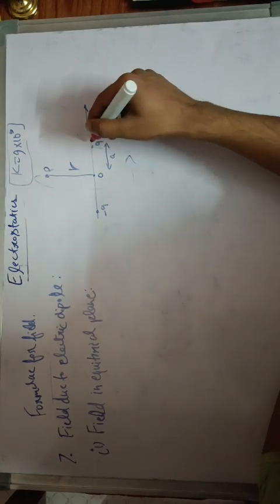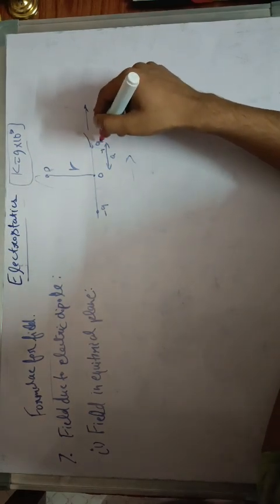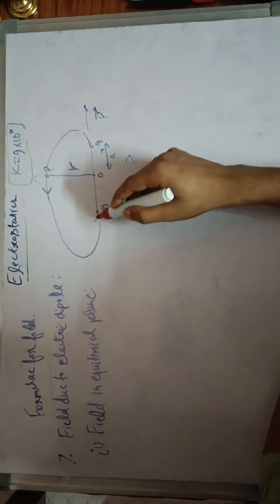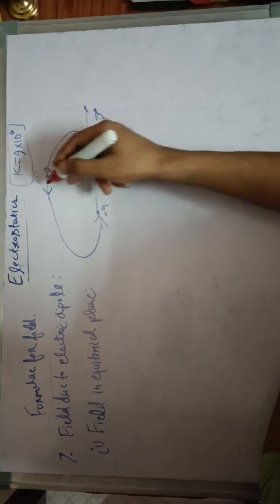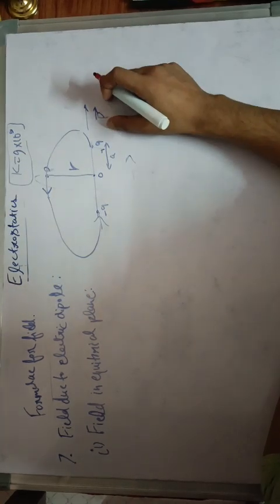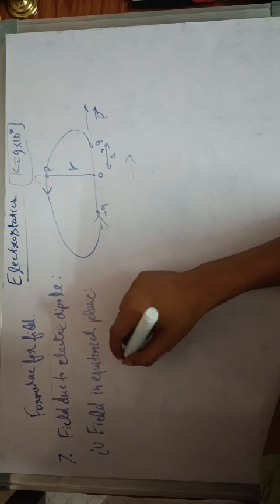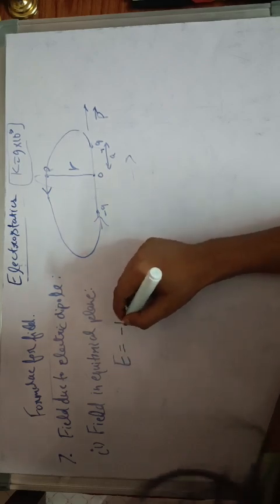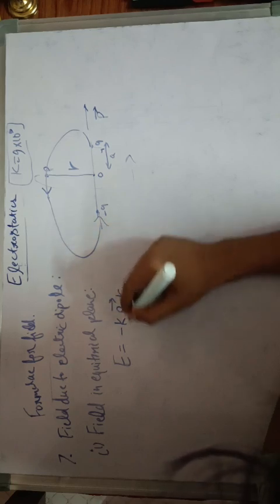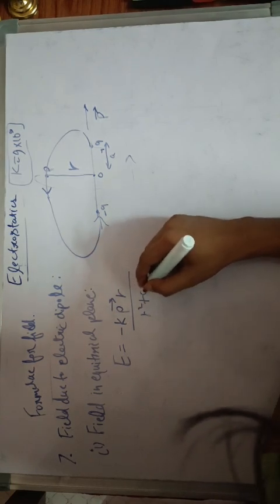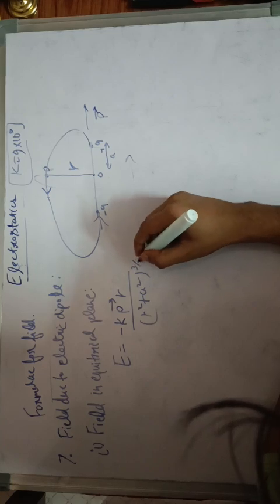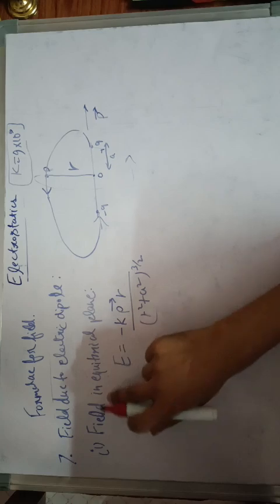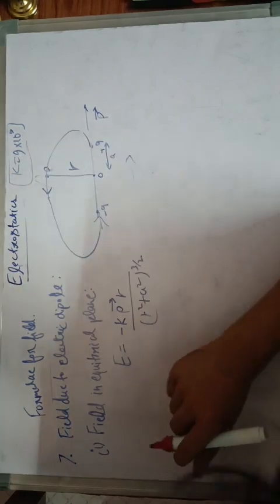Since this positive charge releases field, it goes in this direction and comes in this direction and annihilates in this negative. So the field would be opposite to the dipole moment vector. The formula for electric field would be minus k p vector into r divided by r square plus a square to the power 3 by 2. This is the formula for field at any point in the equatorial plane.